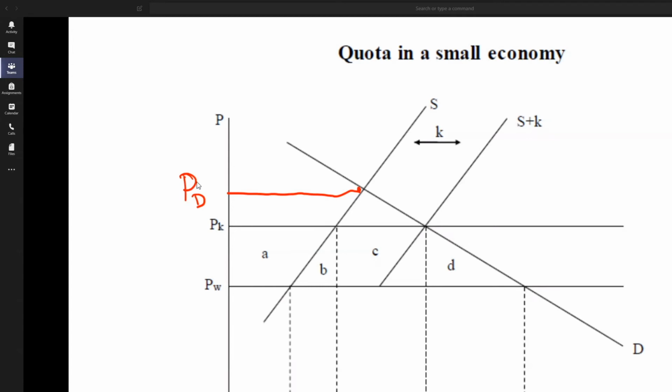Look at the board. S1, D1, these are products imported in case of the open economy, in case of the free trade. You see it. This is the difference between demand and supply. It was imported in case of free trade, S1, D1.